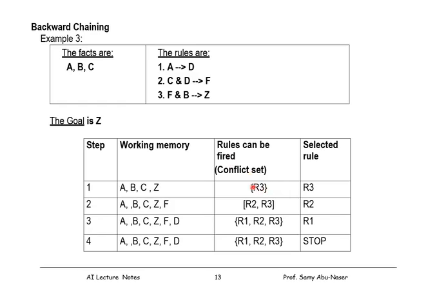So the only rule that can be fired here is R3. So we fire R3. What is the result? We are going to get F and B to be added here. A is already here, B already here, C, Z, and F is the new thing. B is already a fact. Then we take these facts and compare them with the right-hand side of each of the three rules to see which can be fired.